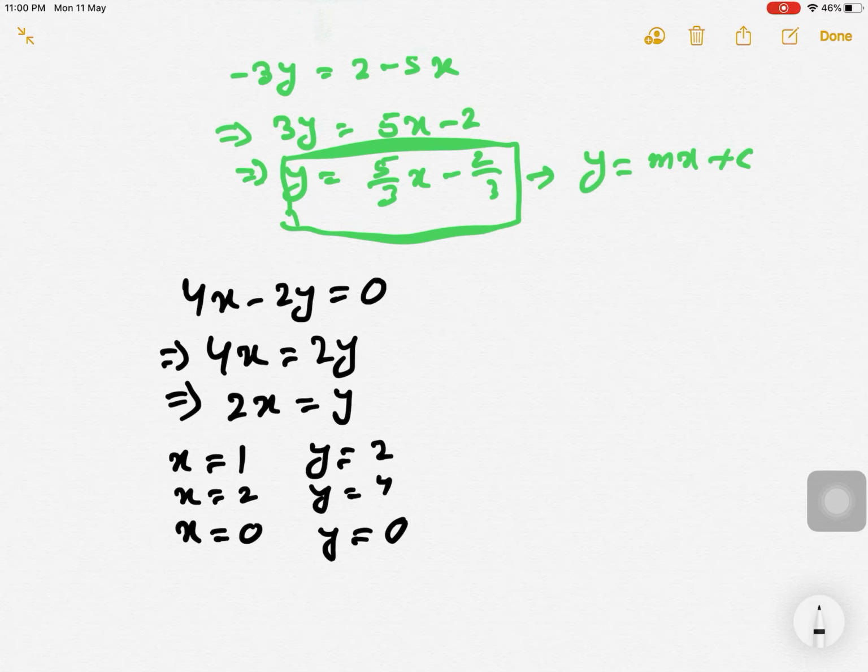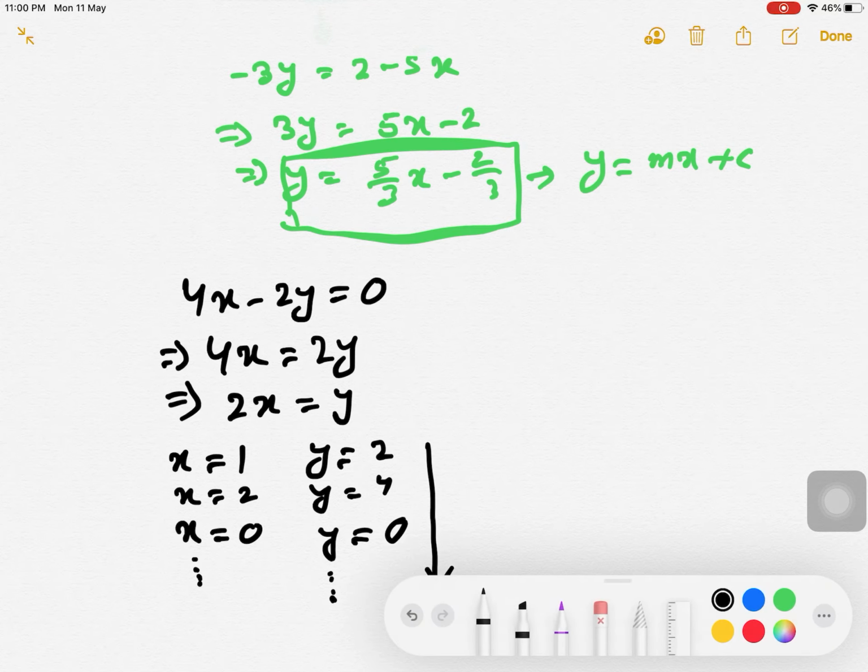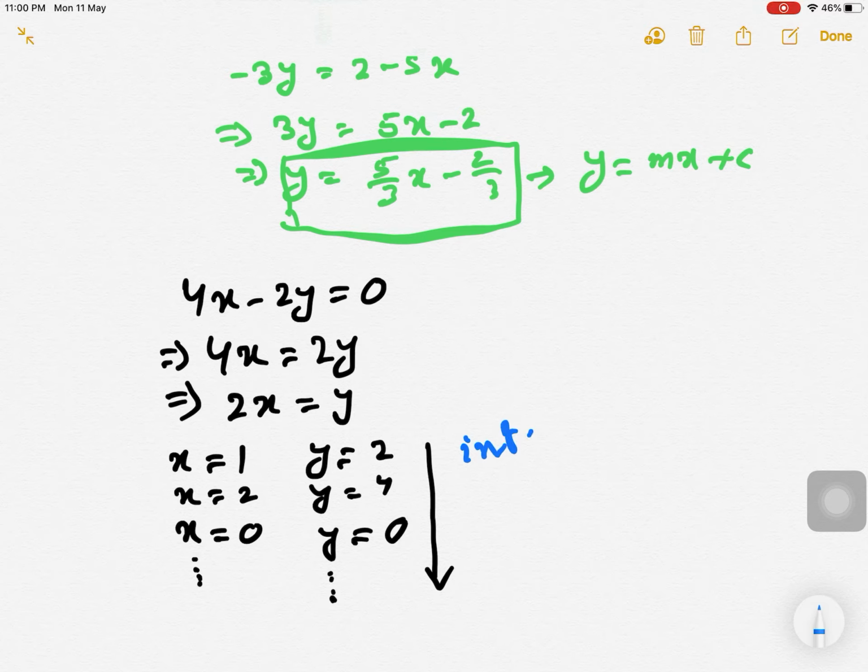So in this way, if I go on writing different values for x, I will get different values of y, and this will never finish. So from this we can conclude that we have infinitely many solutions for linear equations.